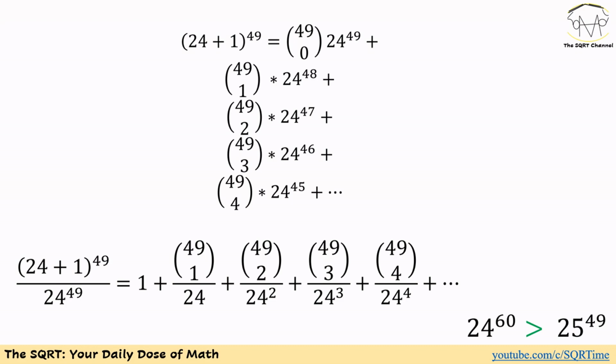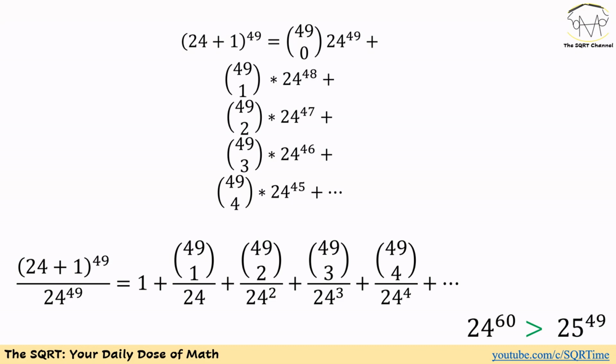Now I'm going to divide this by 24 to the power of 49. The reason is simple. Remember, we had 24 to the power of 60 and 25 to the power of 49, and we wanted to compare them. Right now we constructed 25 to the power of 49, and I just want to remove the common term that they have, so I divide both sides by 24 to the power of 49.